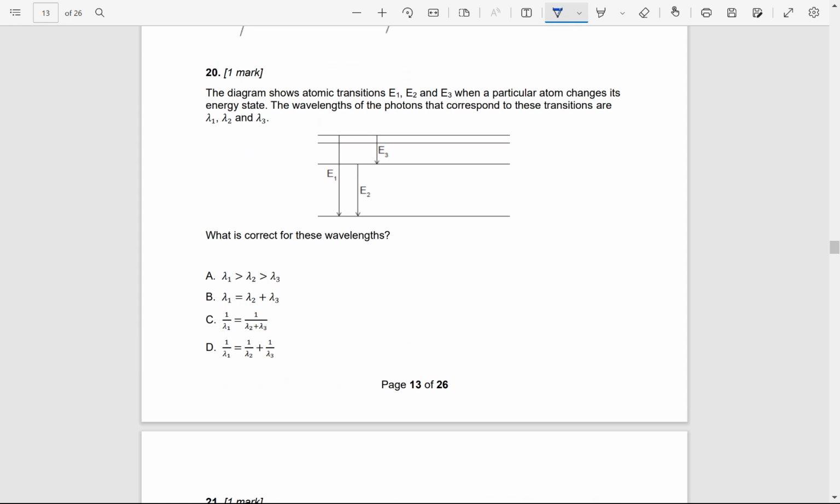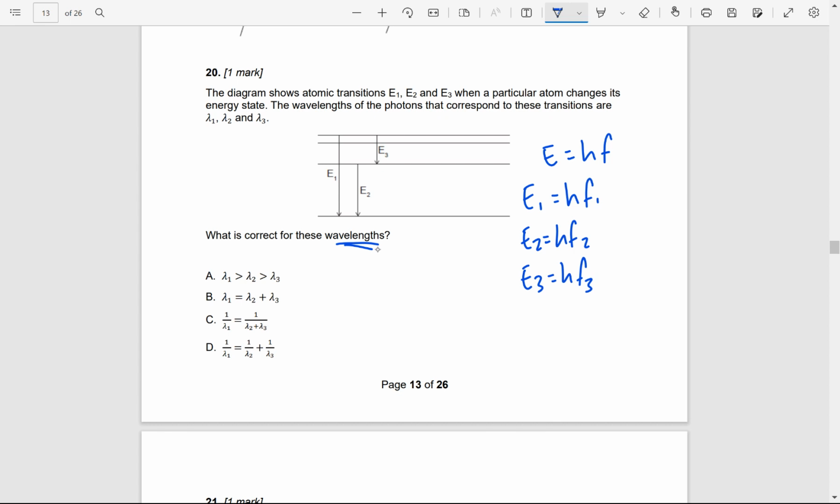Question 20. Diagram shows atomic transitions. What is correct for these wavelengths? Okay. So we've got E1, E2, E3. I'm just going to write this. So we want wavelength. So we're not looking at the frequencies. So we're saying that E1 equals hf1, E2 equals hf2, E3 equals hf3.